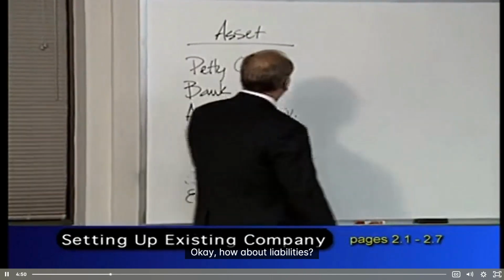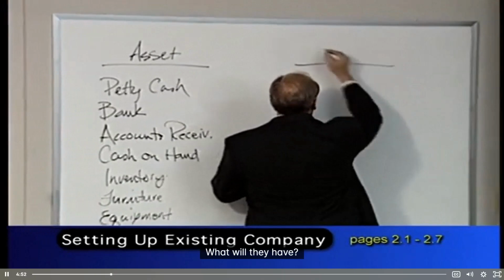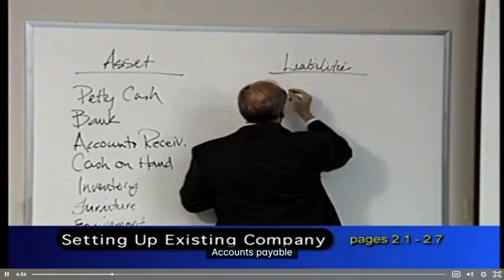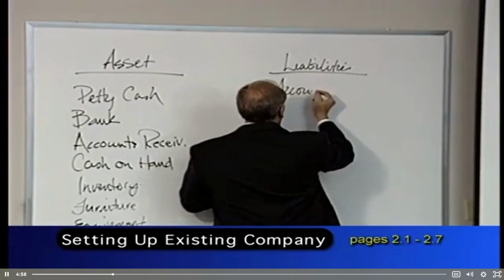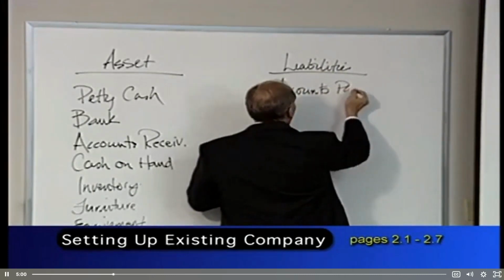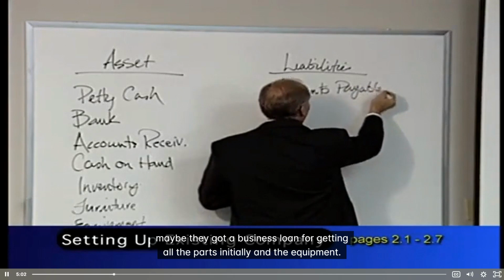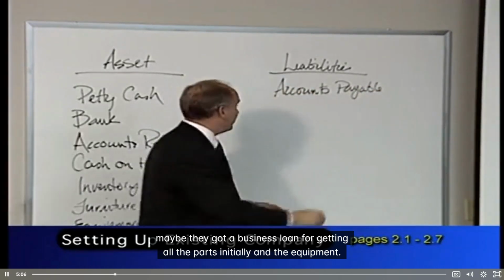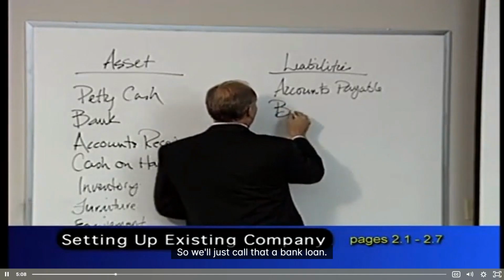Okay. How about liabilities? What will they have? Accounts payable. Maybe they got a business loan for getting all the parts initially and the equipment, so we'll just call that a bank loan.